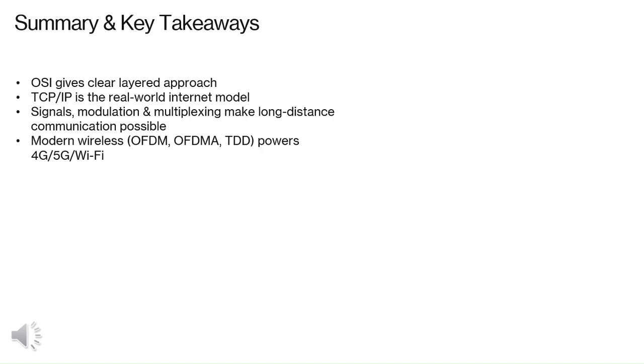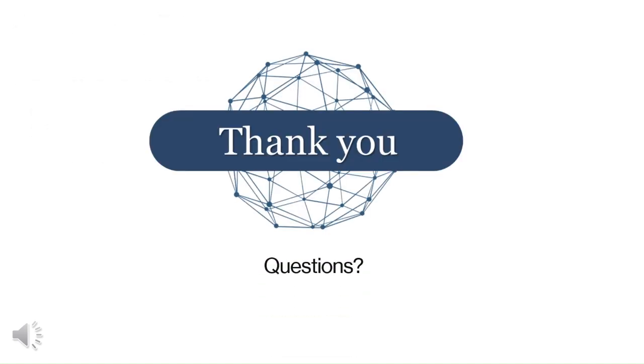We talked about those things. We're going to end the session. Thank you so much for your attention. If you have any questions regarding this topic, I can answer them.